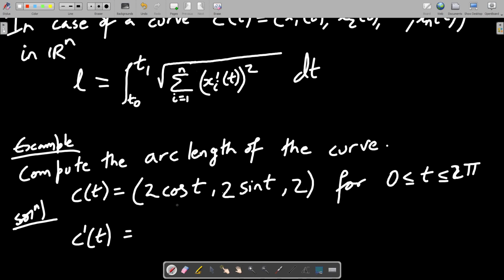The derivative of a vector is the vector of the derivatives of the individual terms. That's going to become minus 2 sin t, 2 cos t, comma 0.